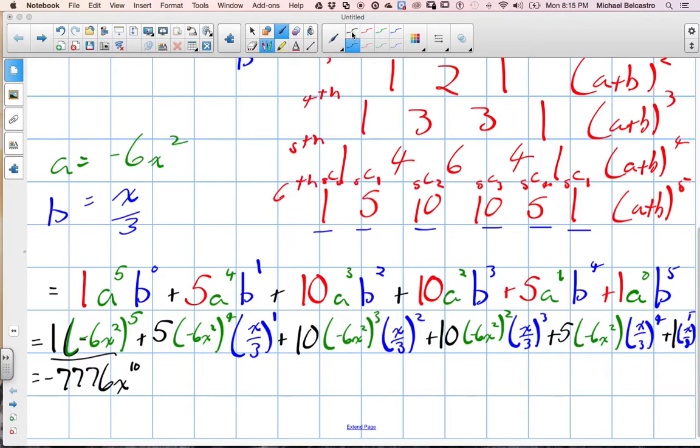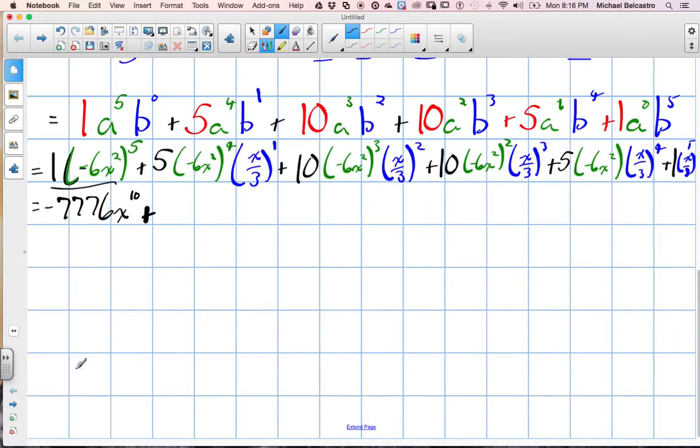Our next term is where it gets a little trickier. This 5 is going to be multiplied by negative 6 to the power of 4, whatever that is, and then we're going to have to multiply by this. This is where it gets very complex when we have these values. So I'm going to do one of them on the side, and then I'm going to show you how we can do it a little quicker once we get this pattern. So it's 5 times negative 6x squared to the power of 4 times x over 3 to the power of 1.